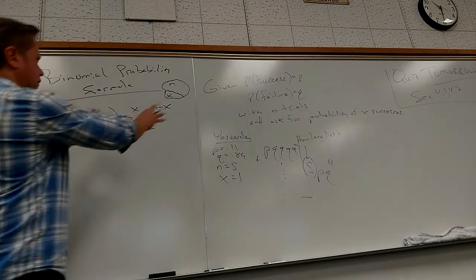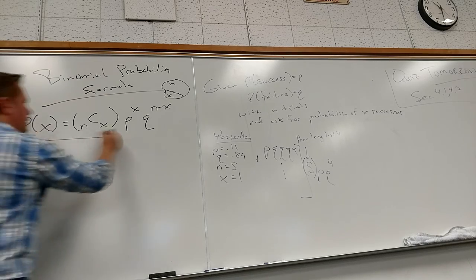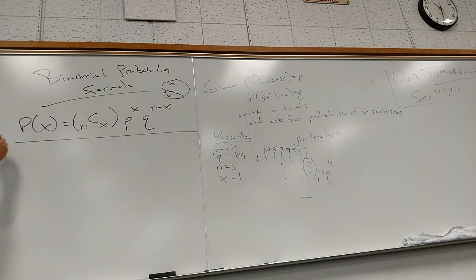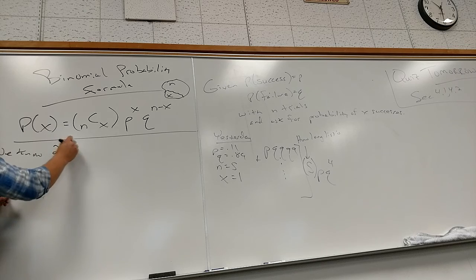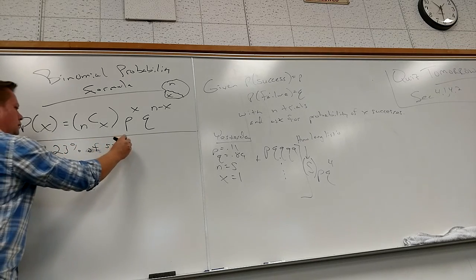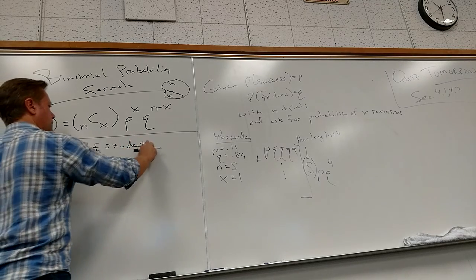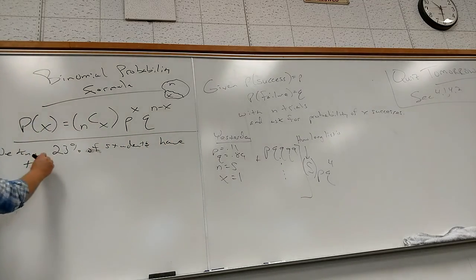So let's make a situation, create the formula, and then we'll try to plug it in the calculator. Okay. So let's say we know 23% of students have to take statistics.